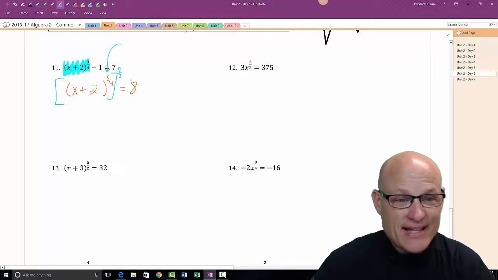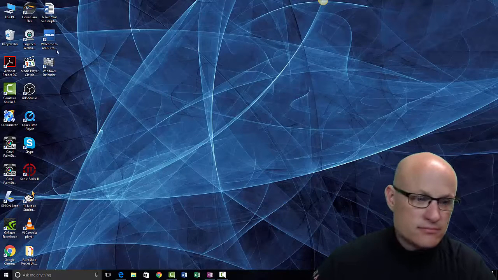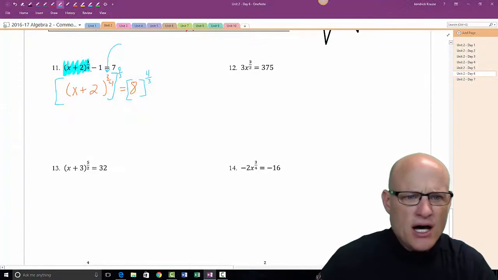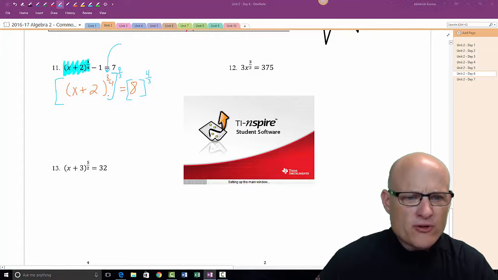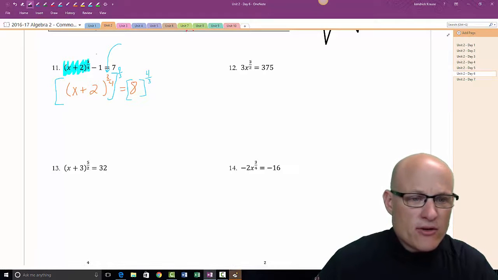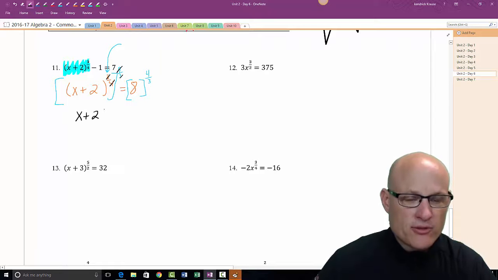But if I raise that side to the 4/3 power, I have to do the same to this side, 4/3 power. These 3's cancel. These 4's cancel. And I end up with just x plus 2.